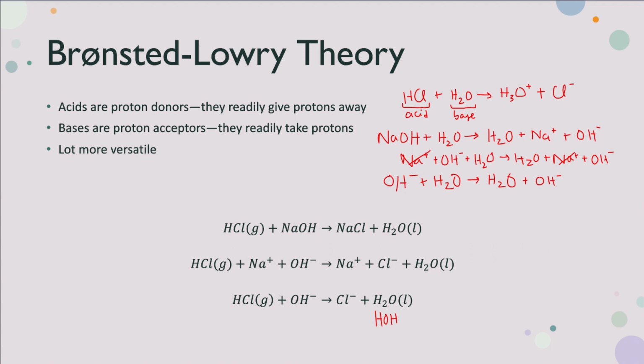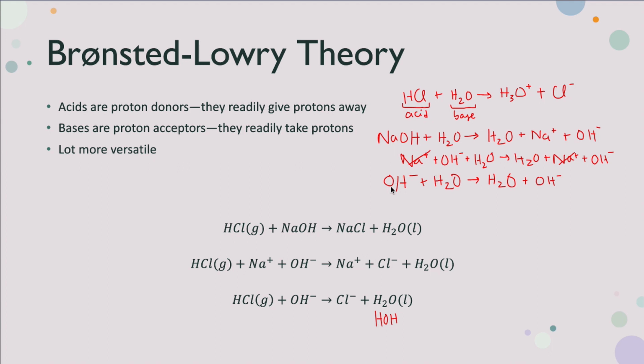This can be confusing, but it helps to think of the H2O and the OH on this side as completely different molecules from this H2O and this OH. So here, the H2O is actually giving away one of its hydrogen protons over to this OH minus.